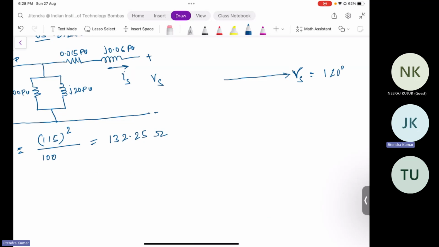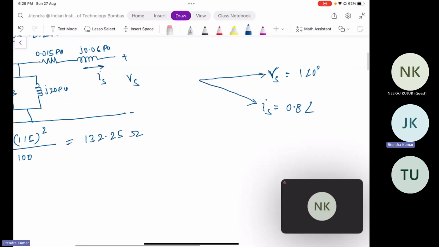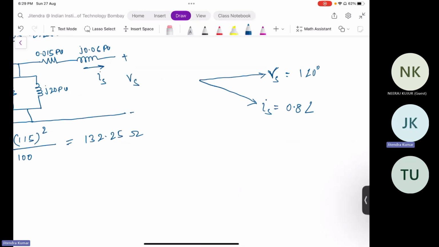Okay, fine. Now, the next thing we should draw is the secondary current. The secondary current is lagging with an angle of 36.86, and its value is 0.8 angle minus 36.86.